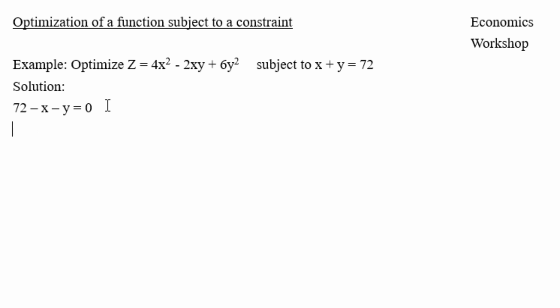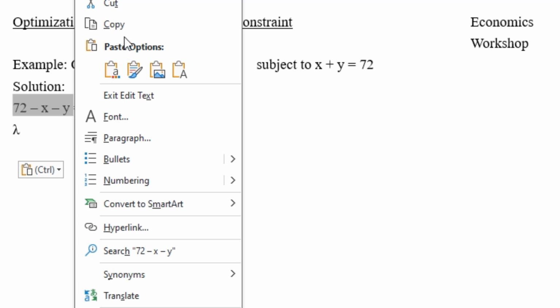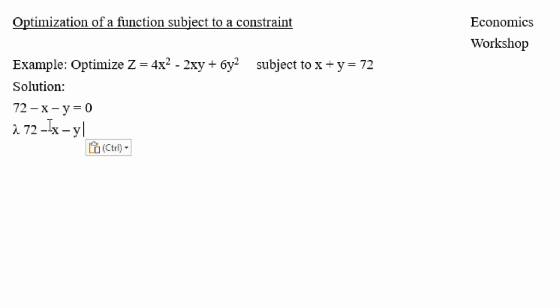Then find the product of this constraint function with the Lagrangian multiplier, that is lambda, then add it to this objective function. This is the Lagrangian multiplier, then multiply it by 72 minus x minus y, and don't forget we are adding this to the objective function.